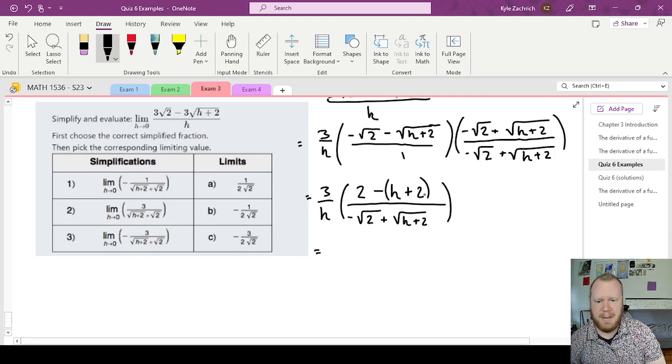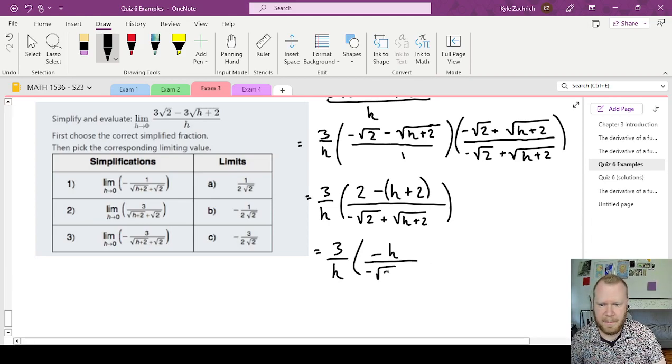Two minus h plus 2 is going to be minus h. So we get 3 times this negative 1 that's left over.